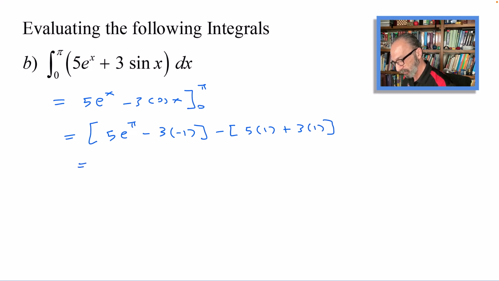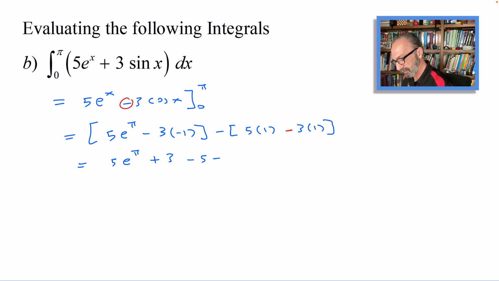Doing the math, we have 5e to the pi plus 3 minus 5 minus negative 3. That is, this right here is a typo, so let's fix that. That should be a minus. This is a minus, as you could see from here.